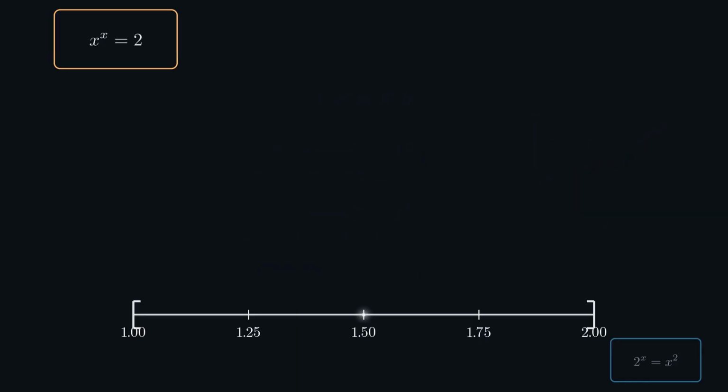Let me squeeze it. Halfway. x equals 1.5. So I need 1.5 to the power 1.5. Wait, what does that even mean? A number to a whole power, fine, repeated multiplication. But a number to the power 1.5?